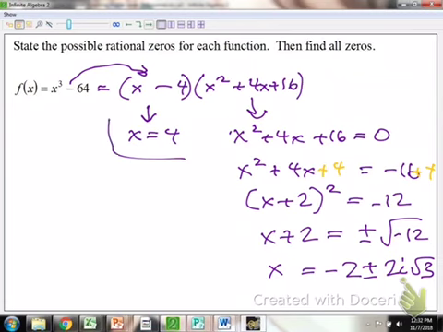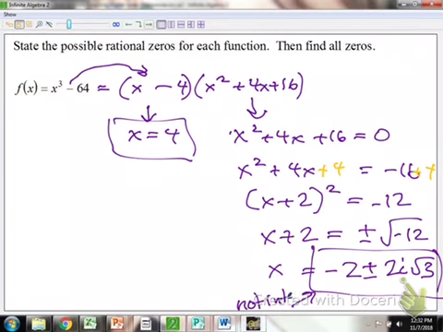So my 3 zeros are 4 and -2 plus or minus 2i times the square root of 3. If we're graphing, these are not intercepts. So this particular graph only has one real intercept, and that's x equals positive 4.